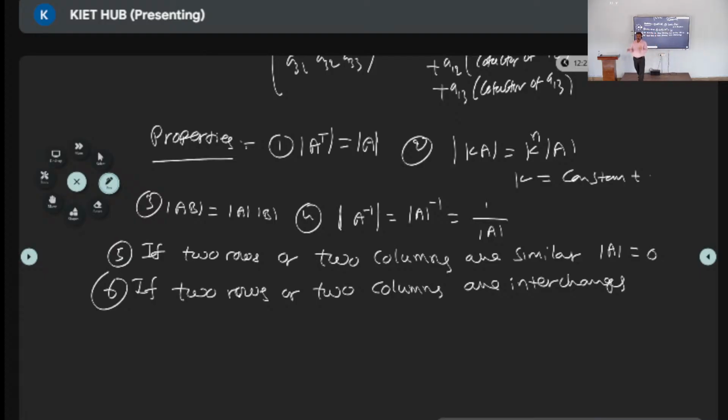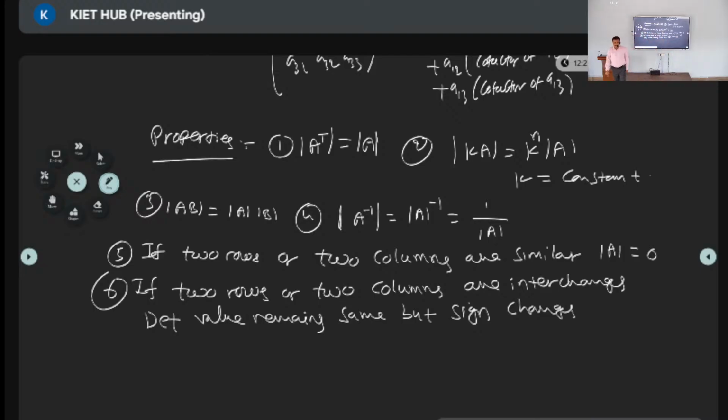The determinant value remains the same, but the sign changes. Yes or no? Determinant value remains the same, sign changes.